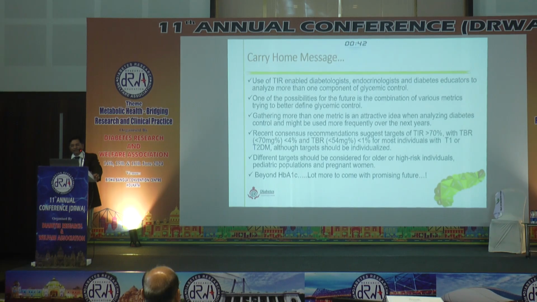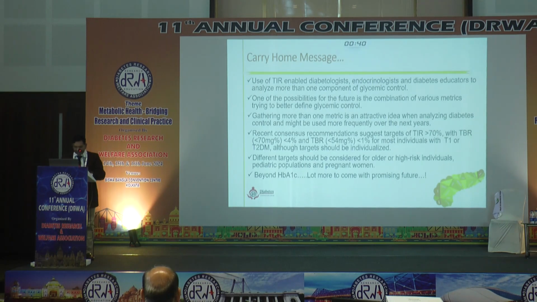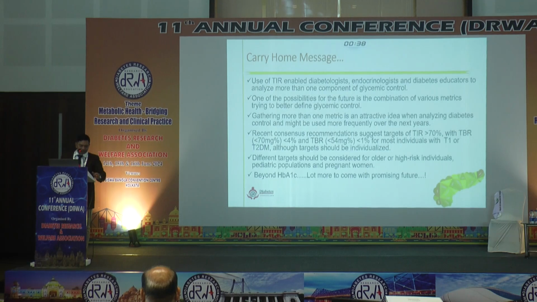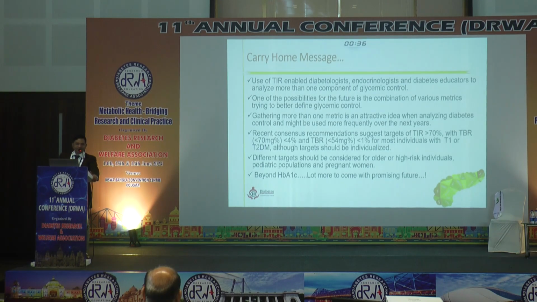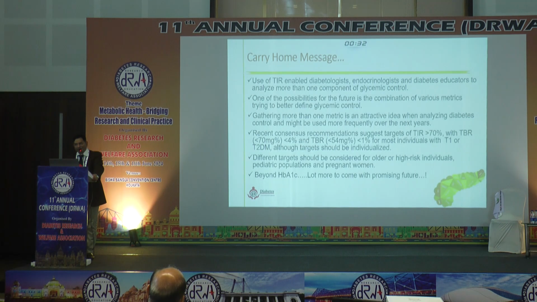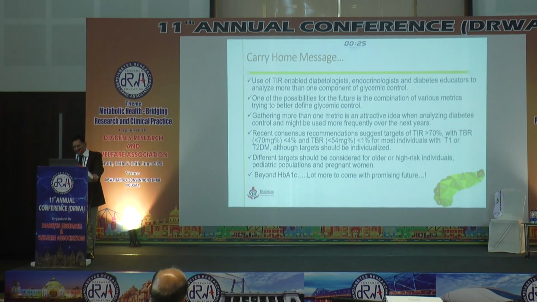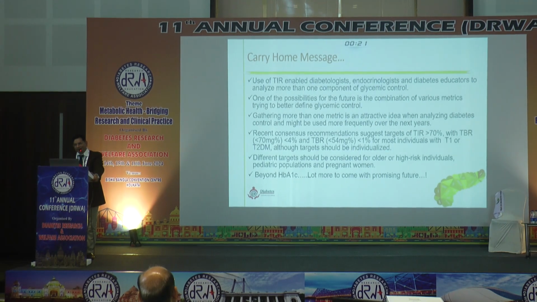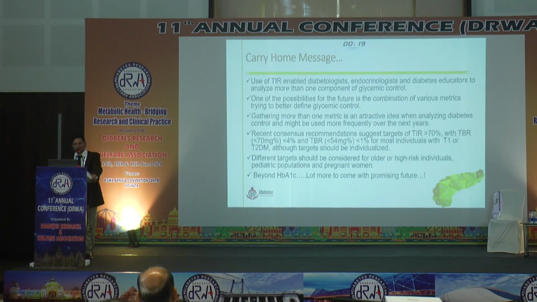And the carry-home message, before I go: I was discussing with Dr. Rajiv Chawla. He said, why are you not talking about 1,5-AG and fructosamine? I said, this is not in clinical practice, so I have just skipped those slides. But certainly in future, because of the limitations of HbA1c. Fructosamine, in our early days of practice, we used in pregnancy, but it reflects average blood glucose of around 2 weeks.